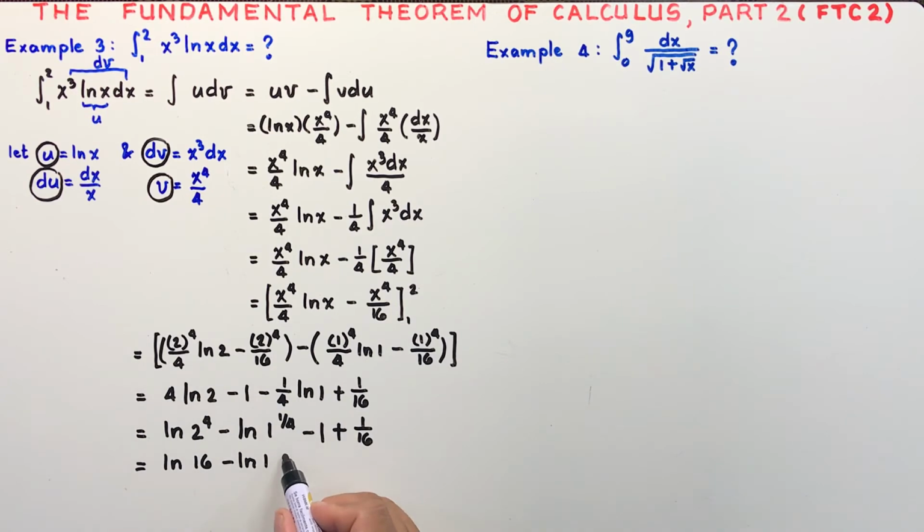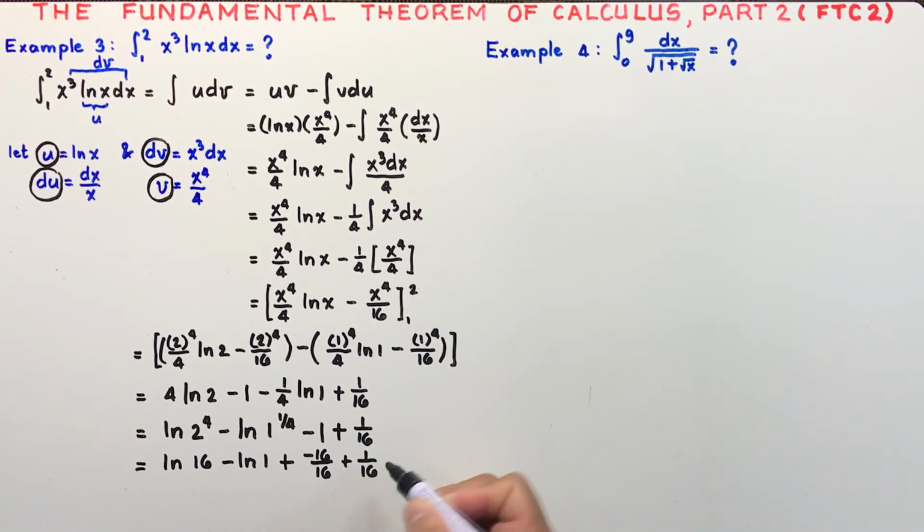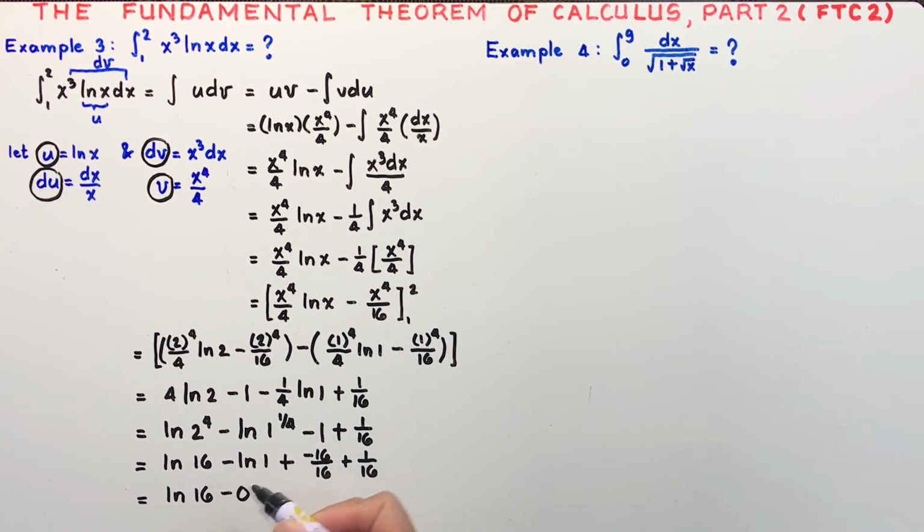And we have plus negative 16 over 16, if you convert negative 1 to a fraction with a denominator of 16 so that we can add that one to this fraction here. So we have ln of 16 minus 0, because we know that the natural log of 1 is 0, minus 15 over 16.